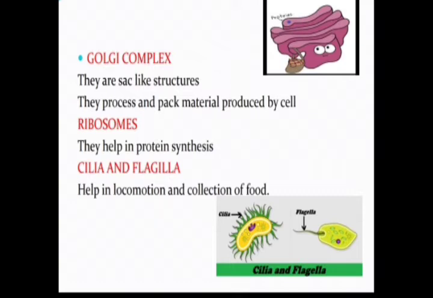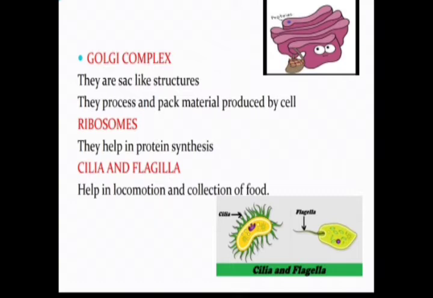The next cell organelle is cilia or flagella. Cilia or flagella are small extensions on the cell membrane. They are not present inside the cytoplasm.